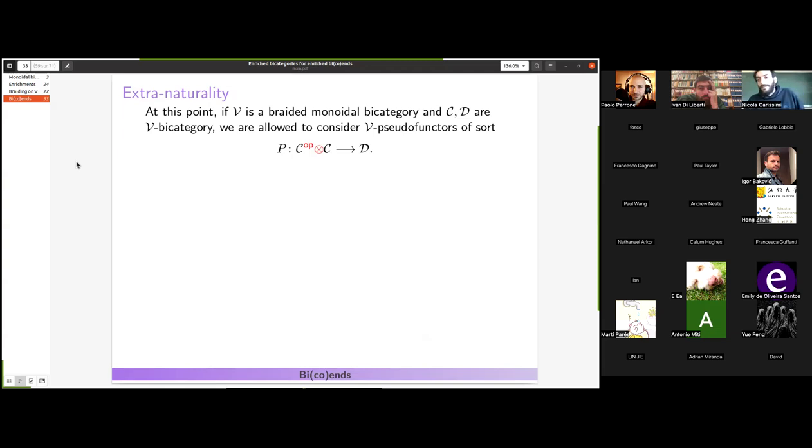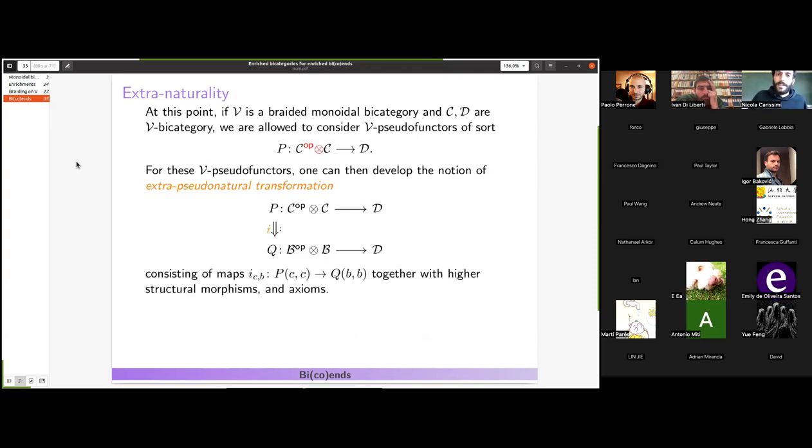Then eventually, well, almost eventually, we can consider enriched pseudo functors once we define them, going from C^op tensor C to D, because we have the op construction and the tensor product construction. And for these pseudo functors, which may start from C^op tensor C or B^op tensor B or any other V-bicategory of this form, we can consider the notion of extra pseudo natural transformation, which will basically consist of an indexed map from P(C,C) to Q(B,B), together with a higher structural morphism satisfying some axioms.